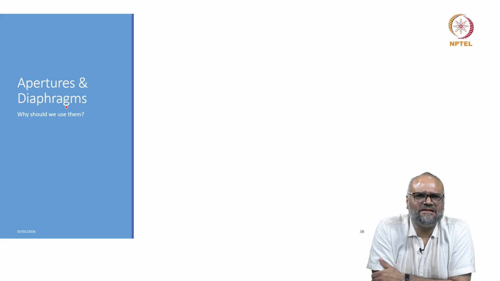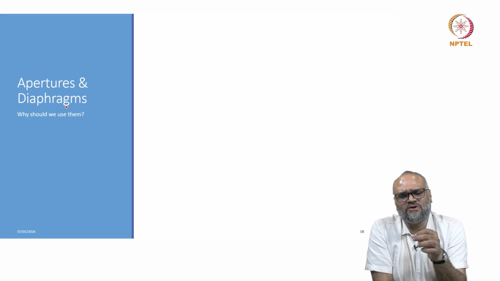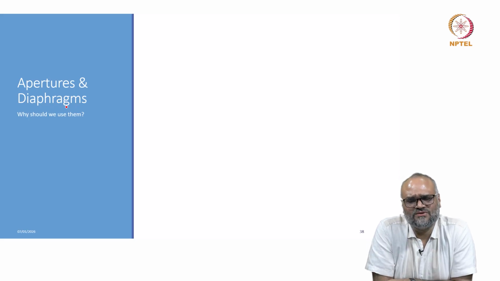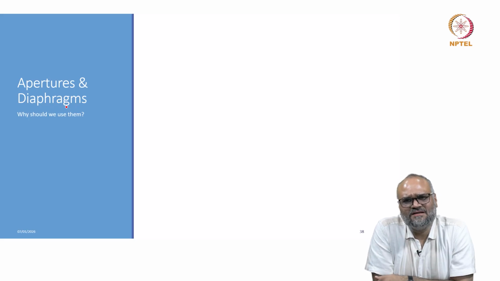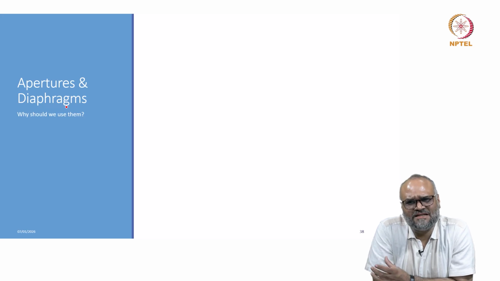For example, if I'm collecting the information from the forward scattered electrons, I can use an aperture to restrict only one portion of the forward scattered electrons to go through and form an image. I can selectively choose one specific set of forward scattered electrons to form special images. This is called weak beam or dark field imaging mode.